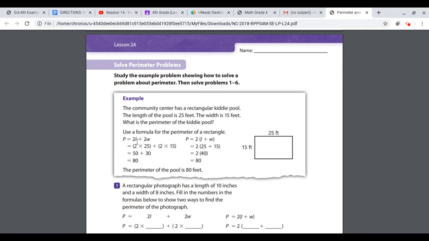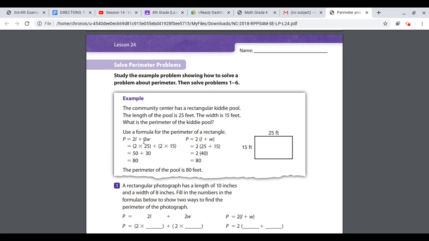So L stands for length, W stands for width. Whenever you see that, you're going to plug in the length for the L and the width for the W. Okay? So if you look over here at this rectangle, the length is going to be 25 and the width is going to be 15.